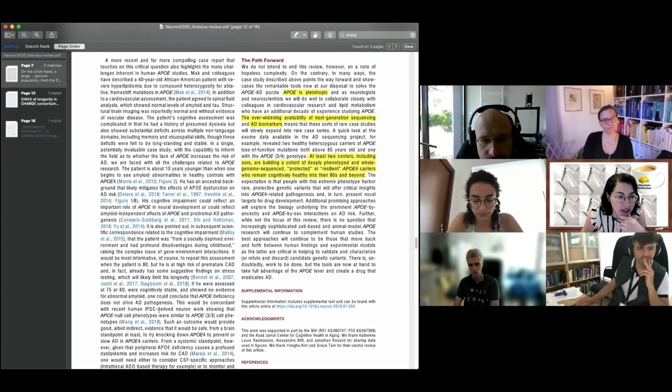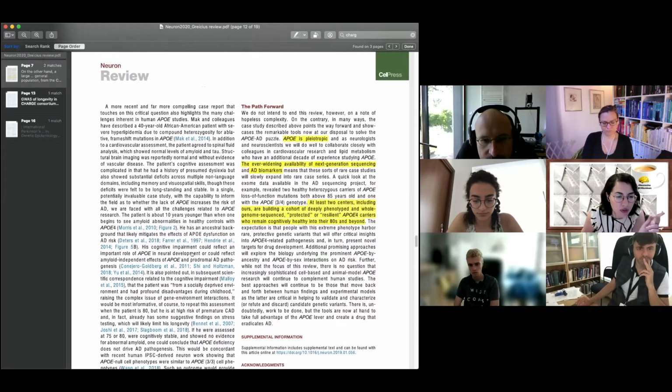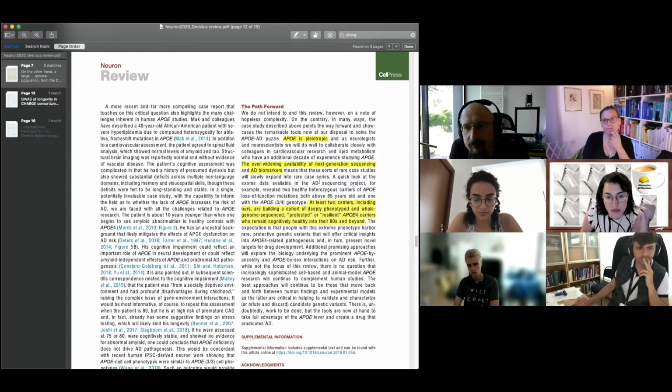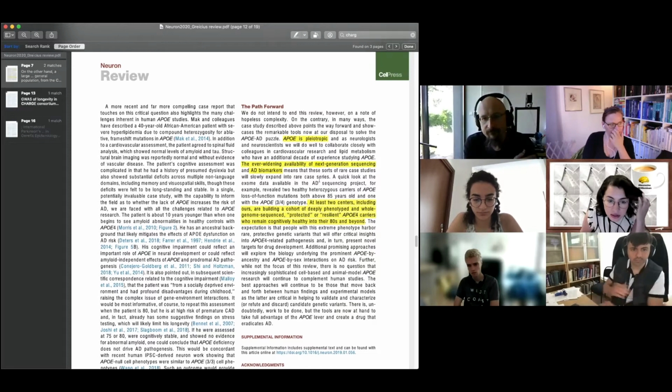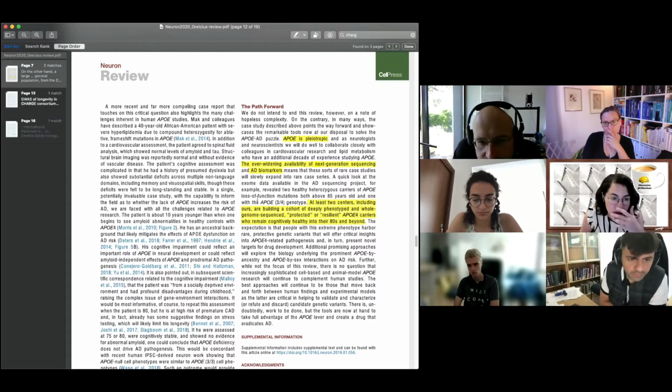One of the first single cases they show is where they say that there is not a link between APOE deficiency and dysfunction in the brain. I have to look better at this part.